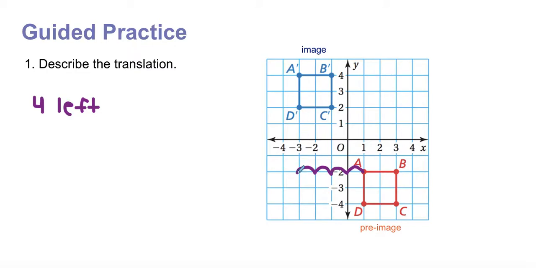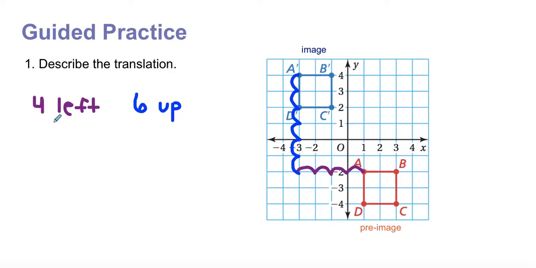And then it moved 1, 2, 3, 4, 5, 6 units up. If I were to follow the same steps with any of my other points, I should have the same translation of 4 left and 6 up.